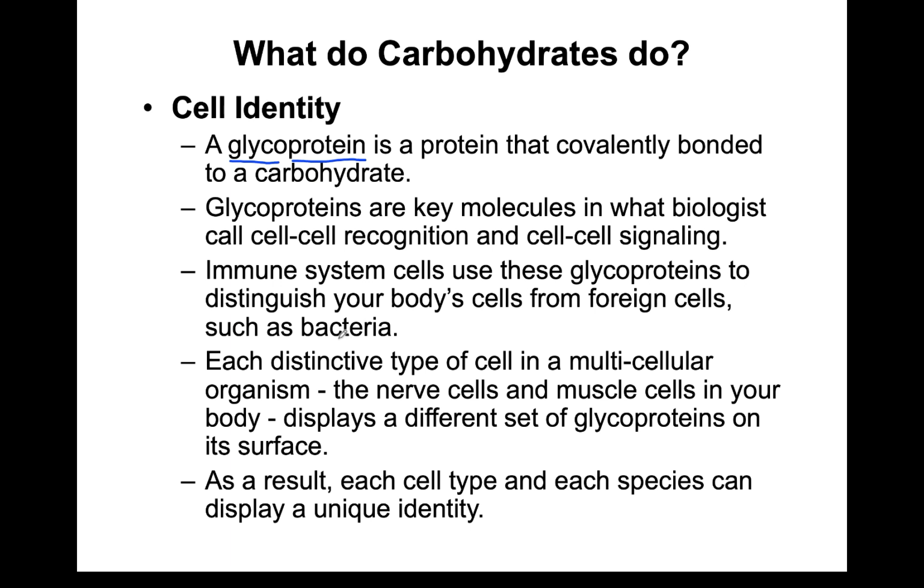Suppose bacteria invade one of your cells, then your cell puts some tag or flag outside the cell membrane. That kind of flag or tag is composed of glycoprotein, and then your immune cell looks at that glycoprotein and figures out what kind of carbohydrate and protein came out of this cell membrane.